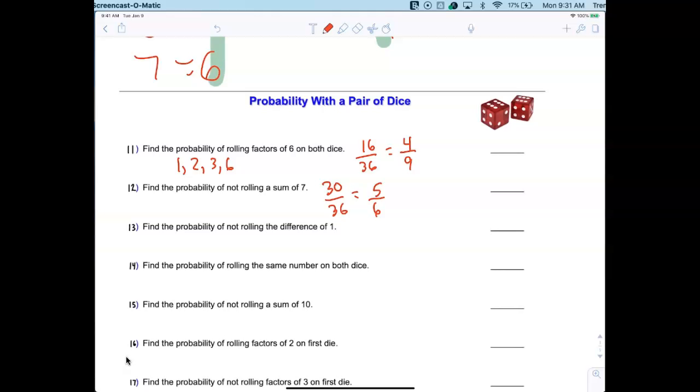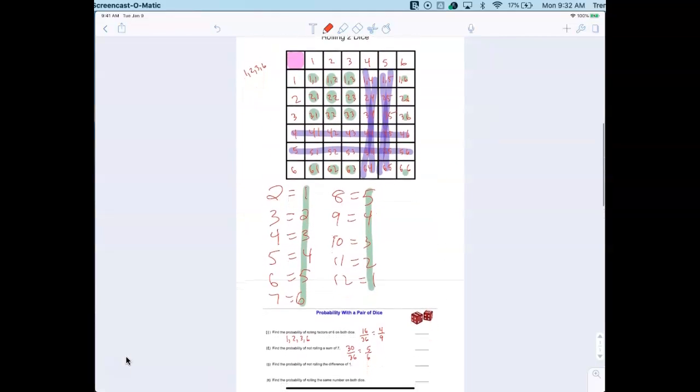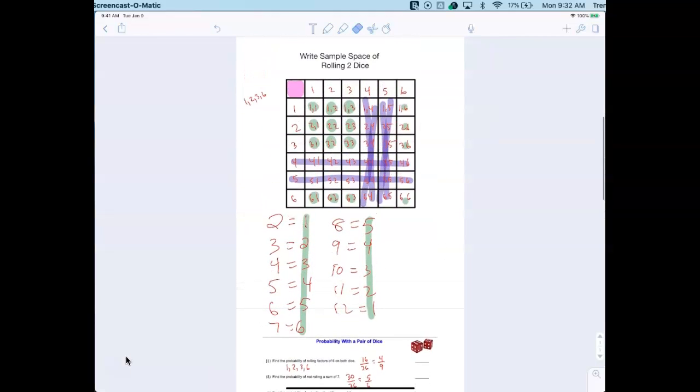Now you want to find the probability of not rolling a difference of 1. So when you throw the dice, you want it to have a difference of 1. All right, so let's go back and look at what I'm saying. This will take me a second.